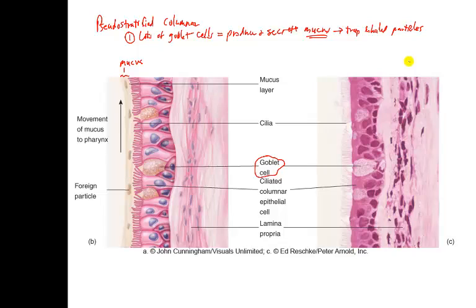So the other feature that I want to draw your attention to of this epithelium is that the cells are ciliated. So they have cilia on their surface, and that cilia constantly beats in an upward direction to move the mucus upward.